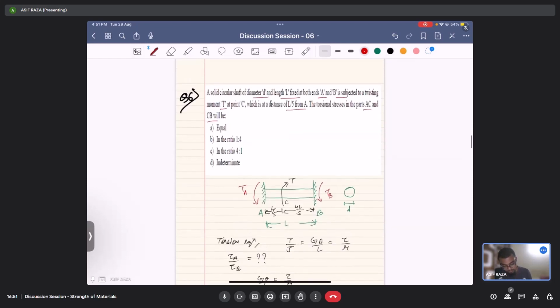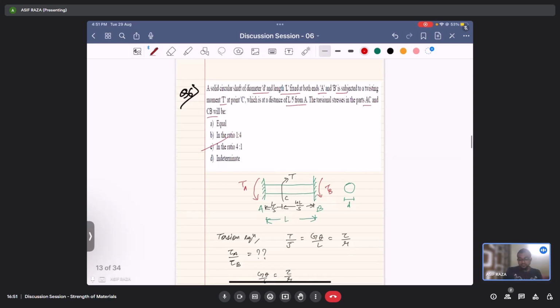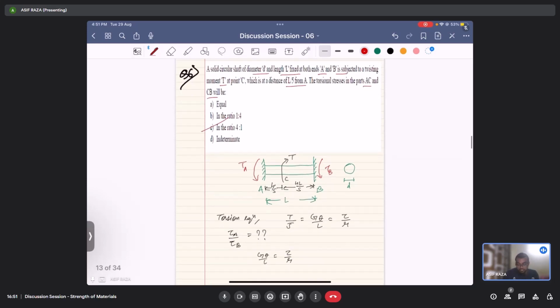So the correct answer is option C, in the ratio 4:1. I think this question is quite easy. Now we can move on to the next question.